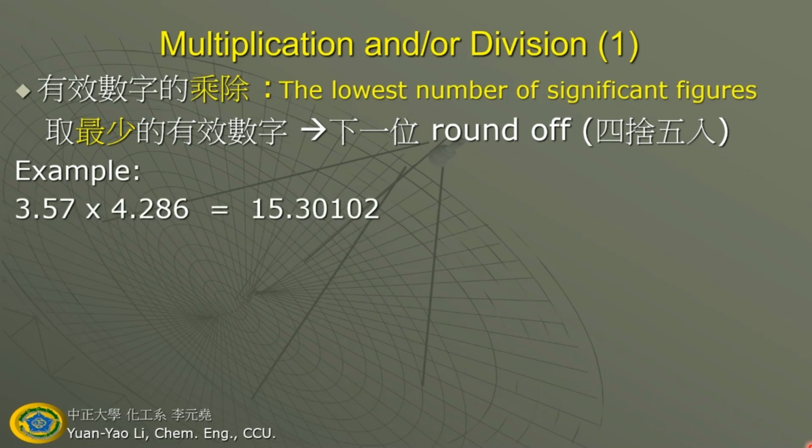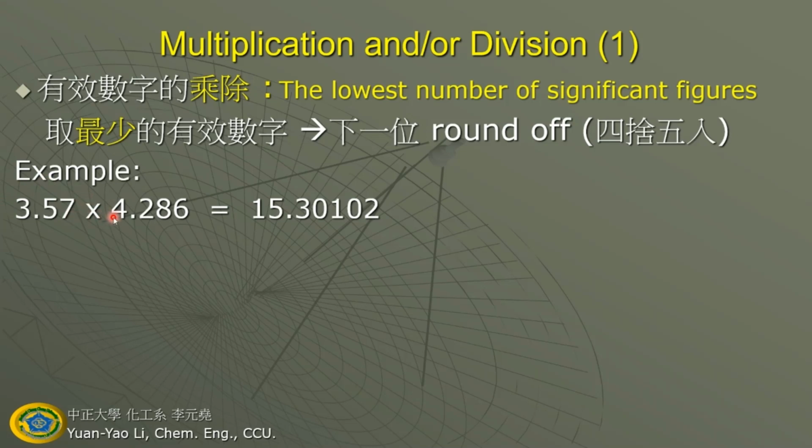So 3.57 times 4.286. If you calculate this multiplication using your calculator, you will get 15.30102. So this is not the number you want. But you can see, how many significant figures here? 3.